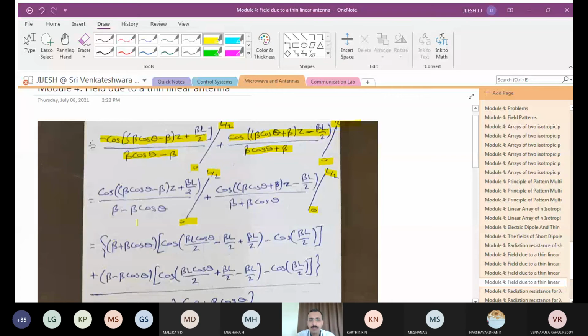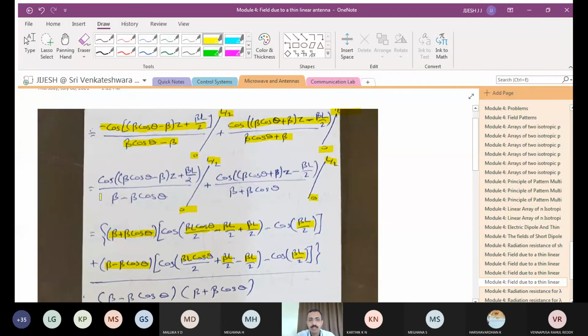So when you substitute the limits, you will get it as (beta plus beta cos theta) times cos of (beta L cos theta minus beta L by 2 plus beta L by 2) minus cos of beta L by 2. Then the next term will be (beta minus beta cos theta) times cos of (beta L cos theta by 2 plus beta L by 2 minus beta L by 2) minus cos of beta L by 2.